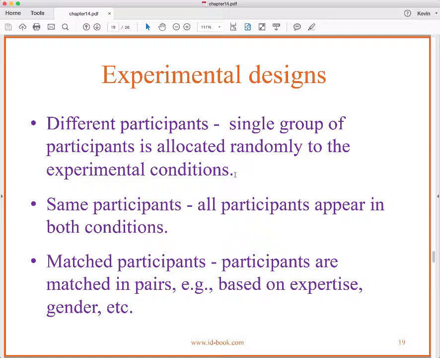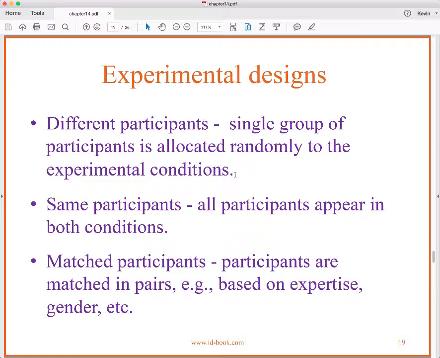So the different participants approach, we have a single group of participants allocated randomly to the experimental conditions. Same participants, all the participants appear in both conditions.